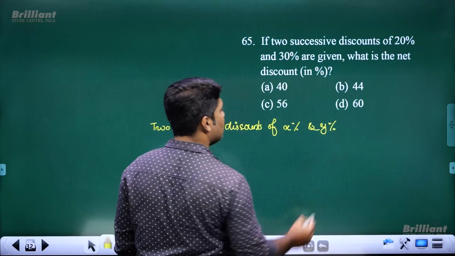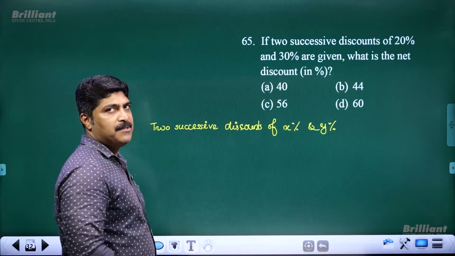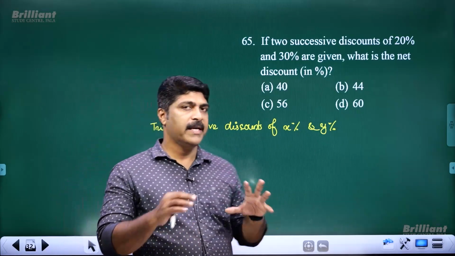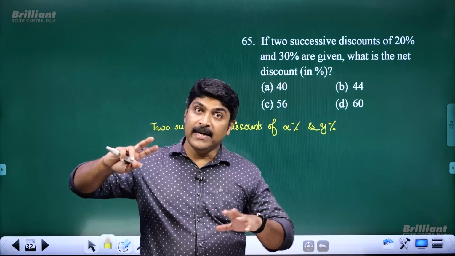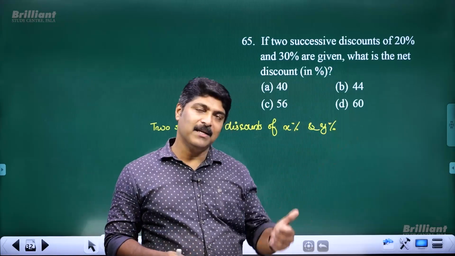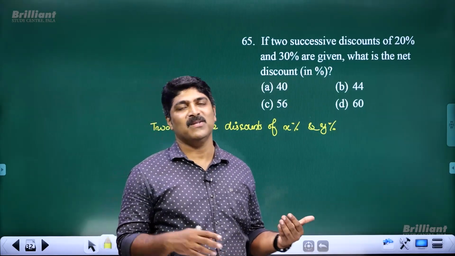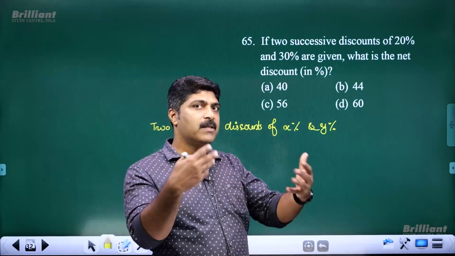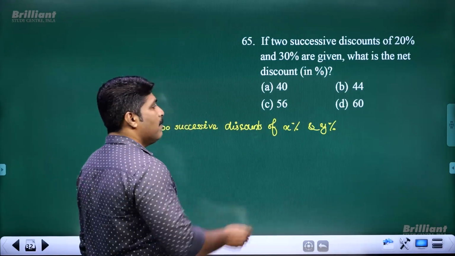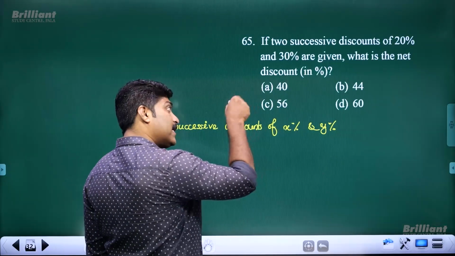What it means: suppose a company is providing X% discount on a particular product. The retailer is providing an additional Y% discount on that reduced price. That kind of discount situation is called successive discount. The first discount is applicable on the marked price of the product, but the second one is applicable on the decreased price.